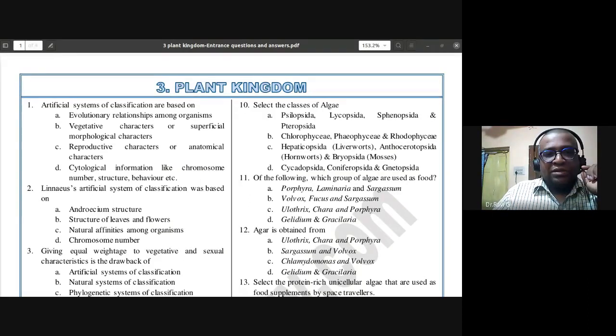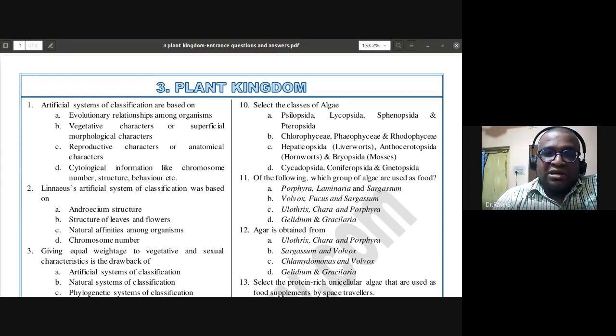Okay, so the first question for this topic of plant kingdom is on the artificial system of classification. The artificial system of classification is based on what? Based on evolutionary relationship among organisms, that is ruled out, because phylogeny you find in the phylogenetic system of classification.